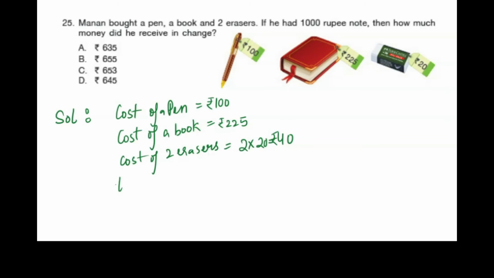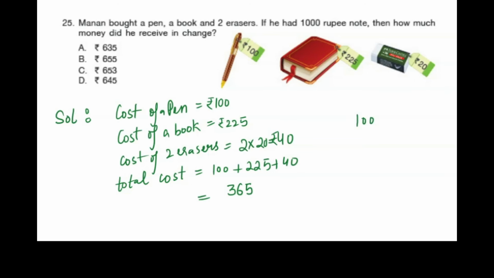Now, total cost of items he bought, total cost will be 100 plus 225 plus 40. Let's add them up. It will be 365. Now, Manan was having 1000 rupee note.